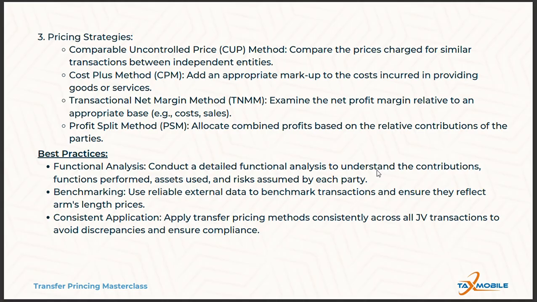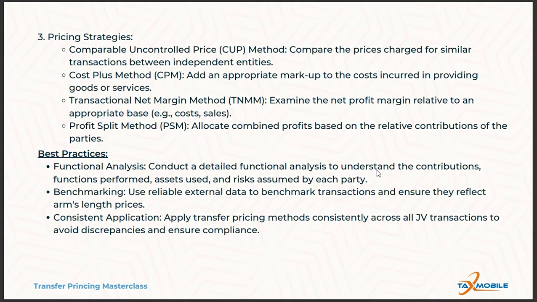The cost plus method, a markup is added to the costs incurred in providing goods or services to reflect an arm's length profit. This method is commonly applied in contract manufacturing or the supply of raw materials. Now, with transactional net margin method, which examines the net profit margin relative to an appropriate base such as cost or sales.